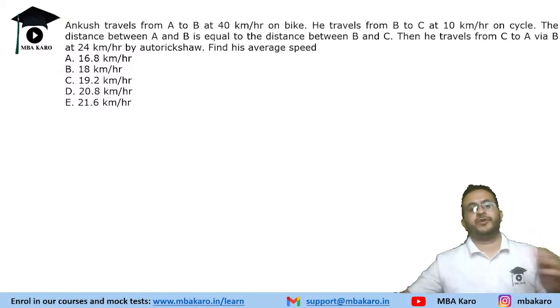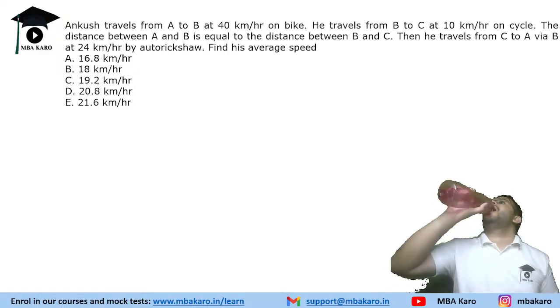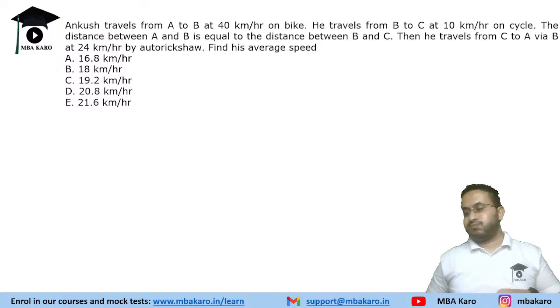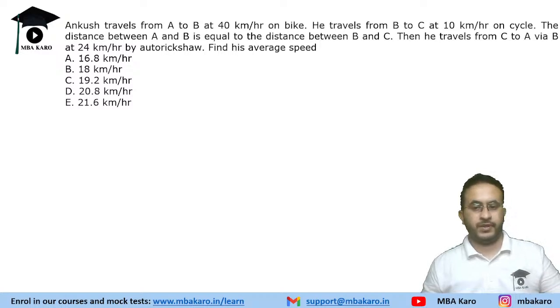So the person goes from A to B, then B to C, and then C to A via B. You need to find his average speed for the entire journey.